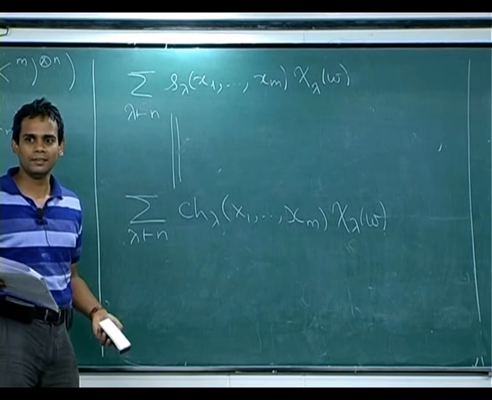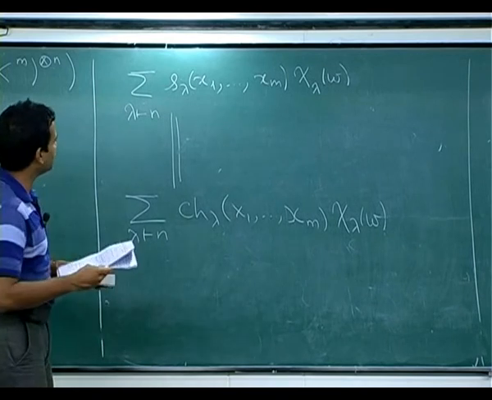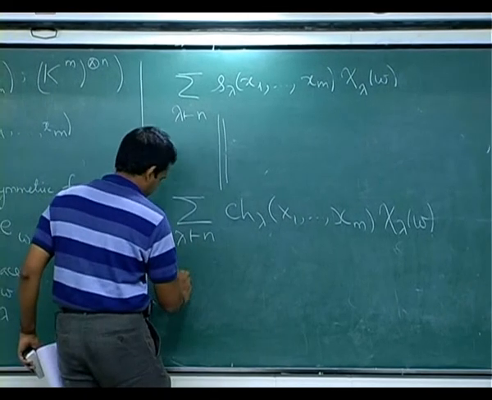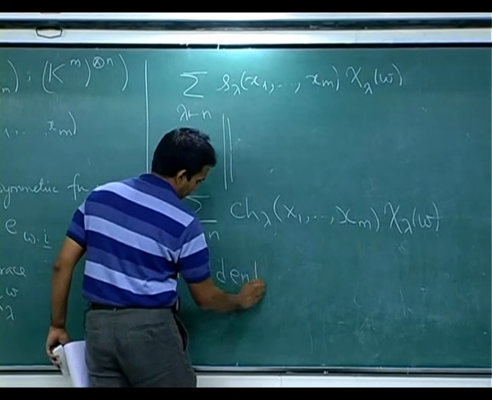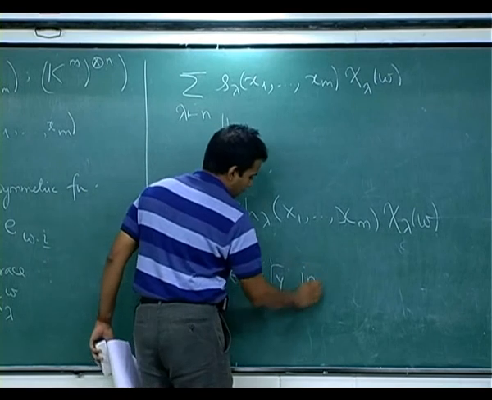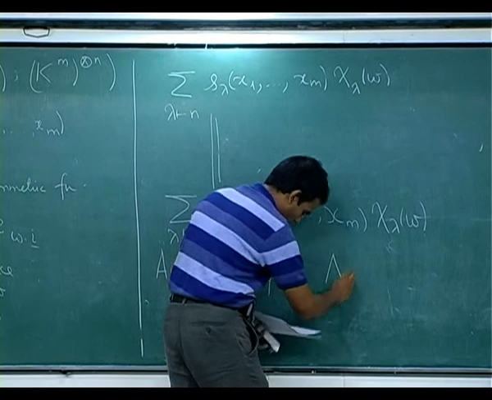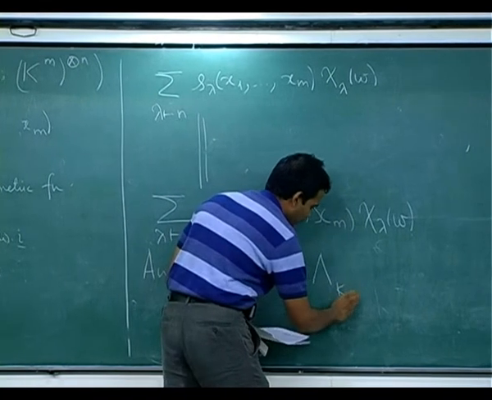Where are they equal? You should think of this as an identity in the group ring of the symmetric group, but not with coefficients in K, but with coefficients in symmetric polynomials.